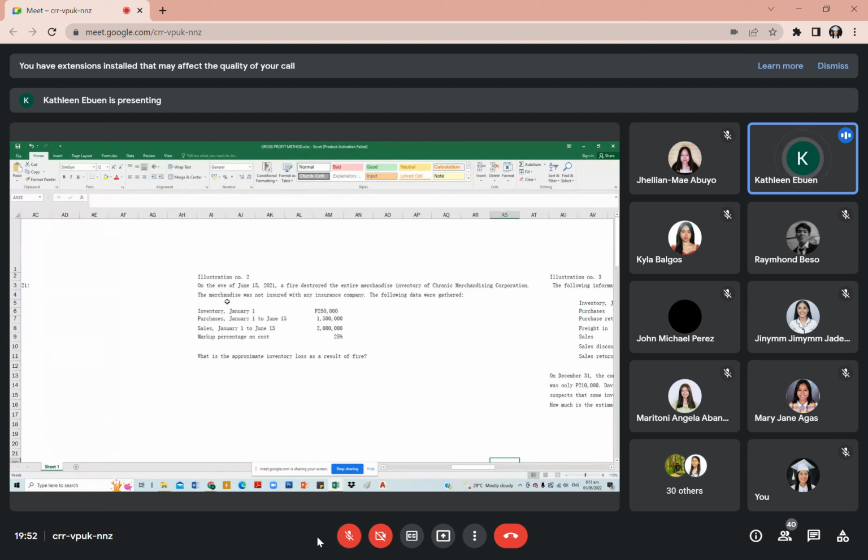The following data were gathered. We have the inventory for January 1, 250,000, the purchases, the sales, the markup percentage on cost. What is the approximate inventory loss as a result of the fire? So, what is asked, class, is the inventory loss. Of course, our loss is all the inventory on hand in the warehouse of Chronic Merchandising, because the entire merchandise was burned by the fire.